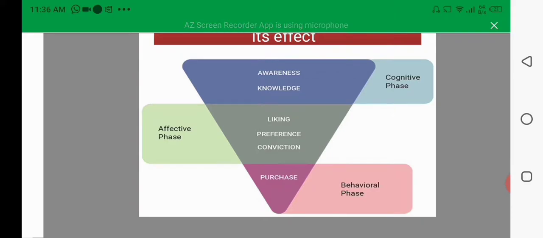So we went through advertising, the management of advertising, then we came to the marketing communication plan, what the decisions are and what we need to focus on. Before the marketing communication plan we needed to understand these theories.